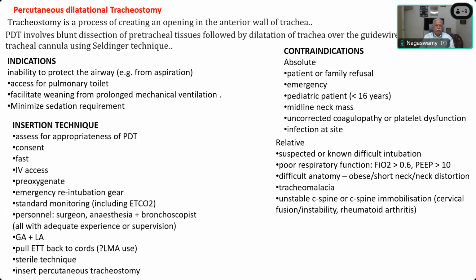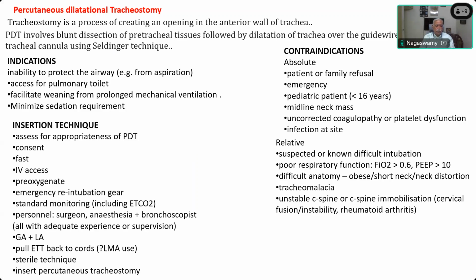arthritis. Now, the insertion technique, as she described: first assess the appropriate patient for PDT, then consent, fasting, IV access, reoxygenate, emergency reintubation gear, and standard monitoring including ETCO2. Then there should be a surgeon, anesthetist, and bronchoscopist available, all with adequate experience or supervision.